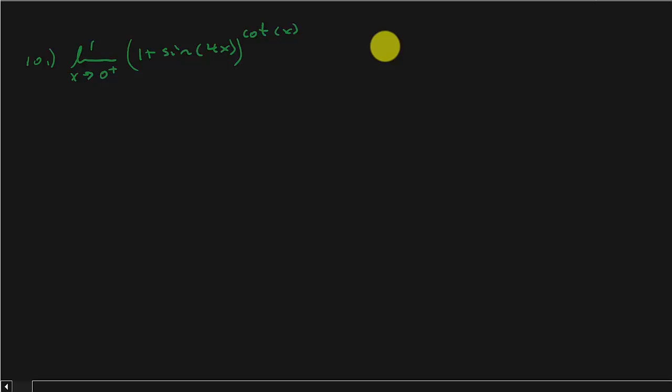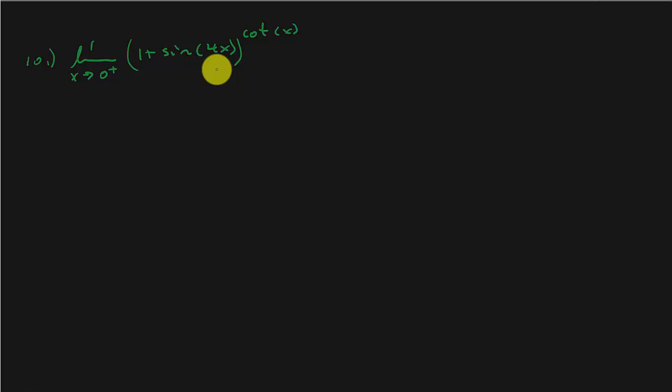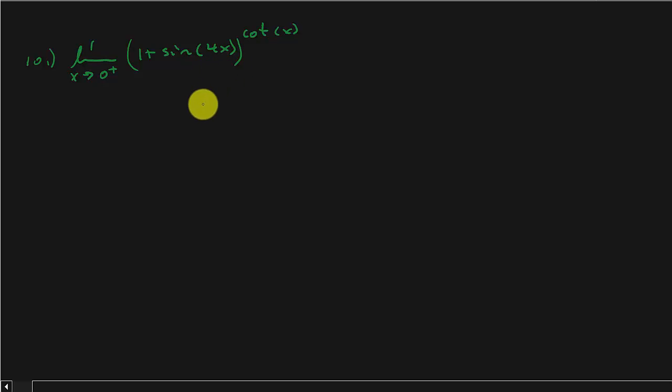All right, so this one, if I plug the 0 in, the sine of 0 is what? 0. So I've got 1 minus 0 is 1. So I've got 1 raised to the, well, what's cotangent of 0? Do we remember the graph of cotangent?